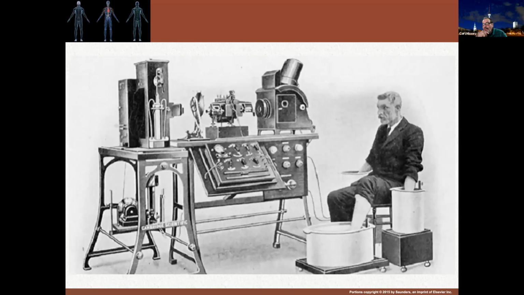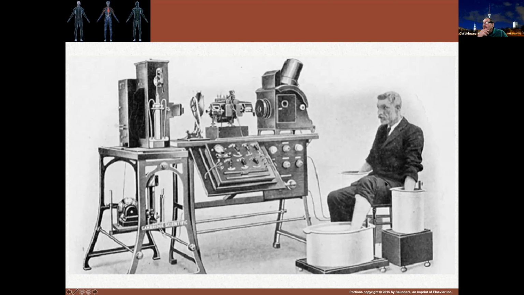It isn't until people devised a little more elaborate machinery, as you see here. This is a turn of the 19th to 20th century electrocardiogram machine. And you can see that it's got all this fancy electrical material here and dials and switches and all the rest of it. And the subject, you'll notice, is sitting with at least three of his limbs in buckets of saline.